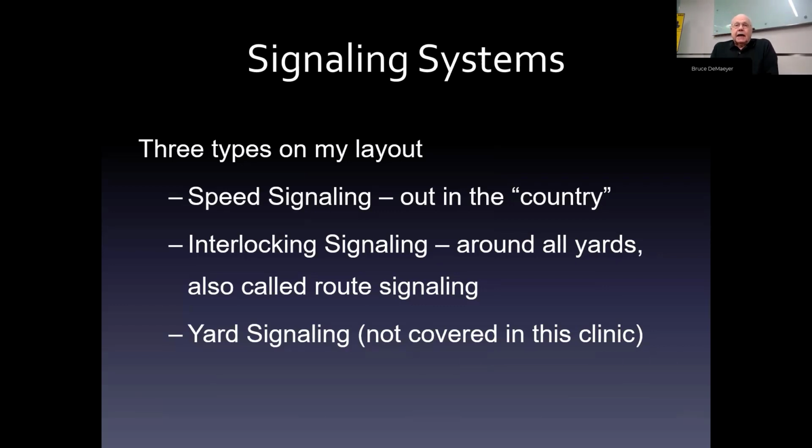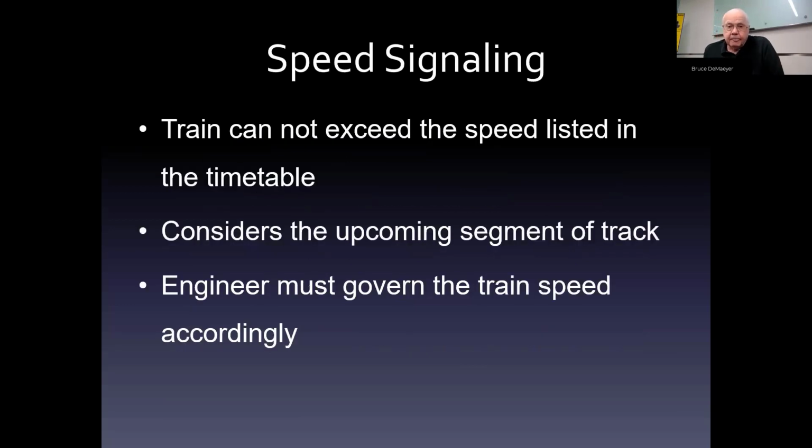Then there is interlocking signaling, which is around all of the yards. Some people also call that route signaling, and I did in my earlier clinics, but I think interlocking signaling is a better definition. And then there's yard signaling, which is not going to be covered in this clinic, but what I will have on my layout. I'll do that in a later session.